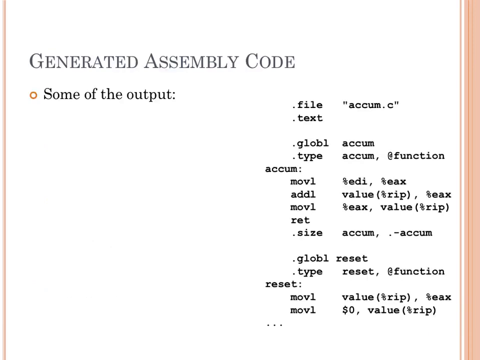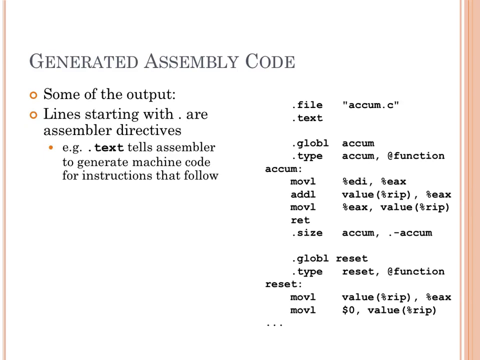Okay? So here's some of the output, and we'll just use this to start getting used to what the compiler spits out. Okay? A lot of this you could probably figure out all by yourself. Anything starting with a dot is a directive for the assembler, telling the assembler something other than an instruction. Okay, so we can have instructions, but then we need to tell the assembler a lot of other things. A really great example is .text.